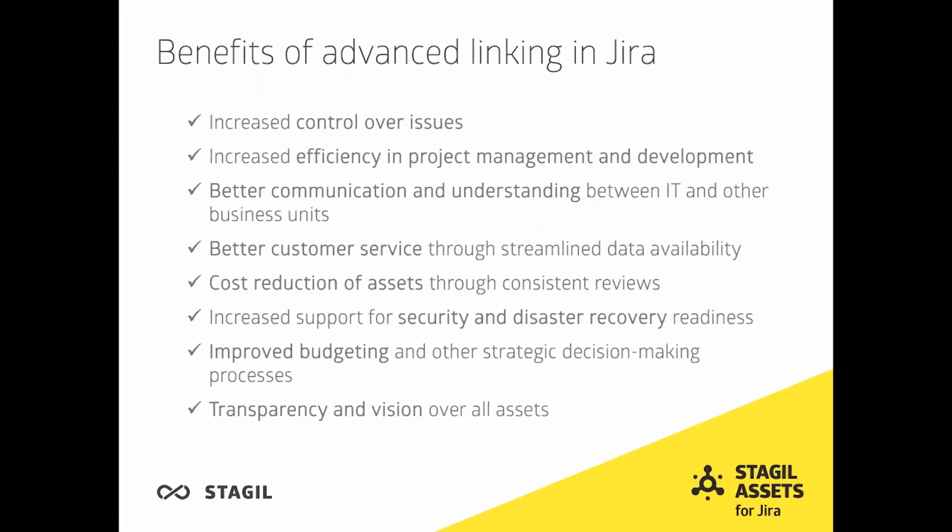It also increases support for security and disaster recovery readiness, because you are faster and better able to find where something may be lacking. And with regard to product management, it can also help you with budgeting and managing strategic decisions and processes.